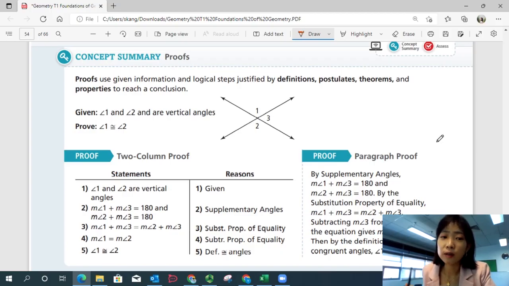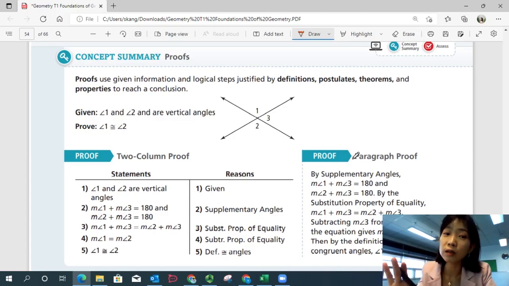It is part of deductive reasoning, and it is a strong reasoning skill. So for another example, if you're given that angles 1 and 2 are vertical angles, and you want to prove that they're congruent, you can write the proof in 2 different ways: 2-column proof, paragraph proof.